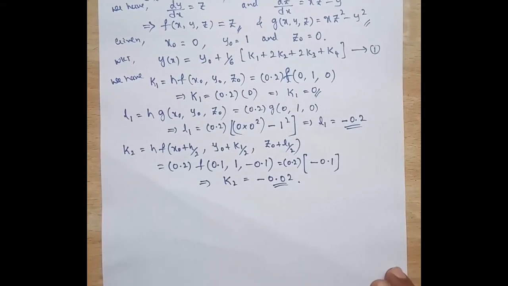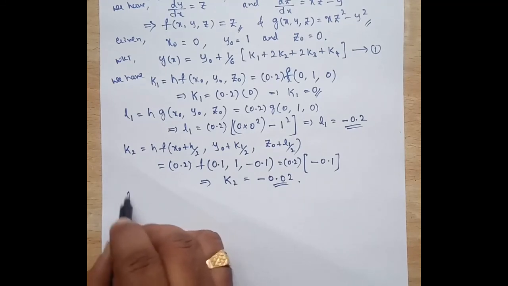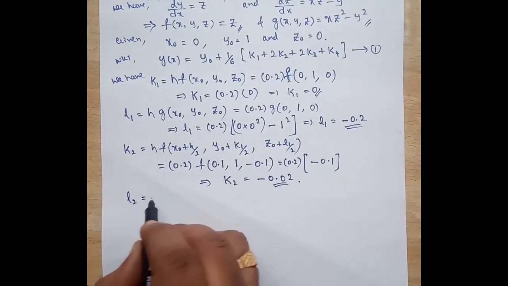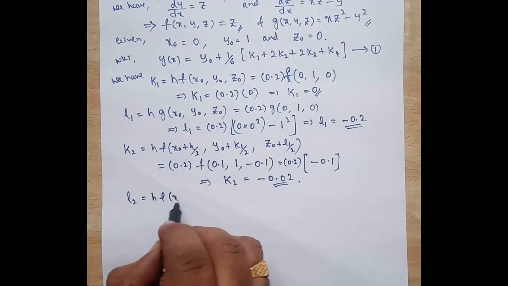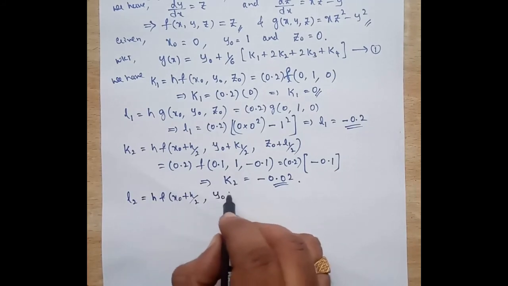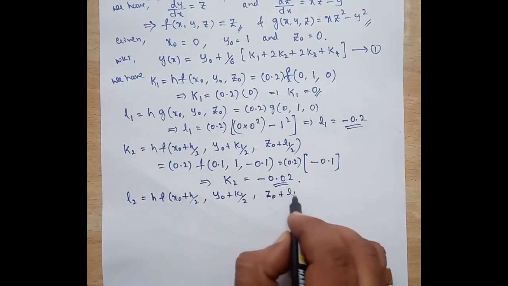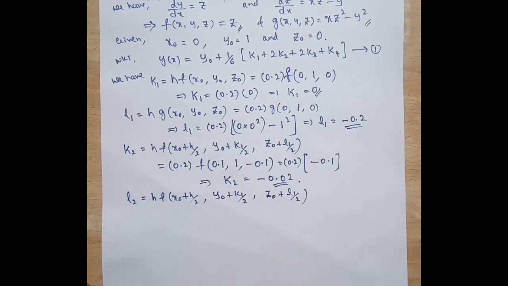Now, once you find K2, we'll go to calculation of L2. So the L2 formula is the same: h into g of x naught plus h by 2, comma y naught plus k1 by 2, comma z naught plus L1 by 2.